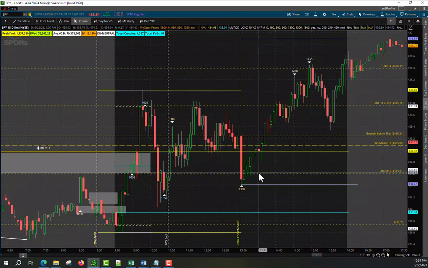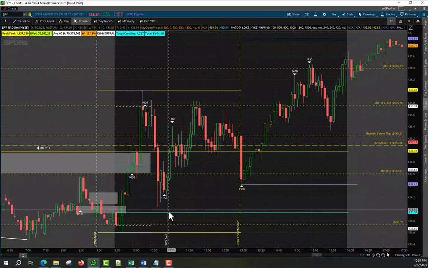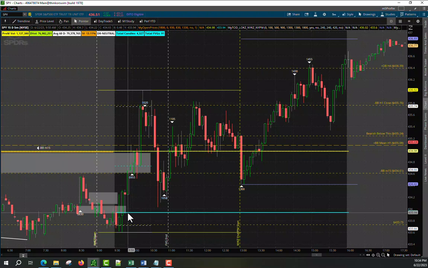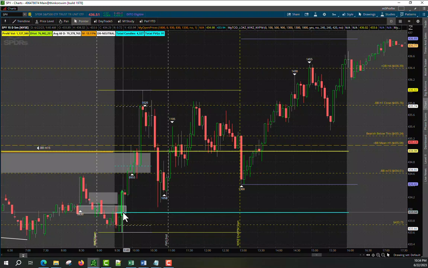So again, if we look at the 5-minute time frame, we can see this is bullish, because you see that it stays above the 9:30 open. It doesn't even touch it. It breaks through right away.